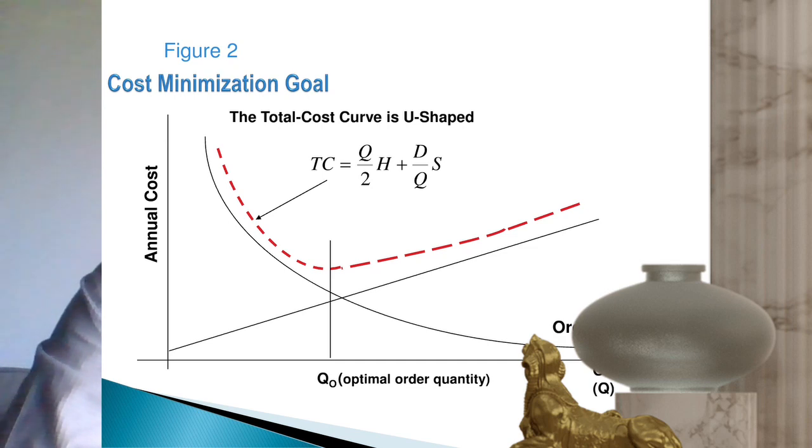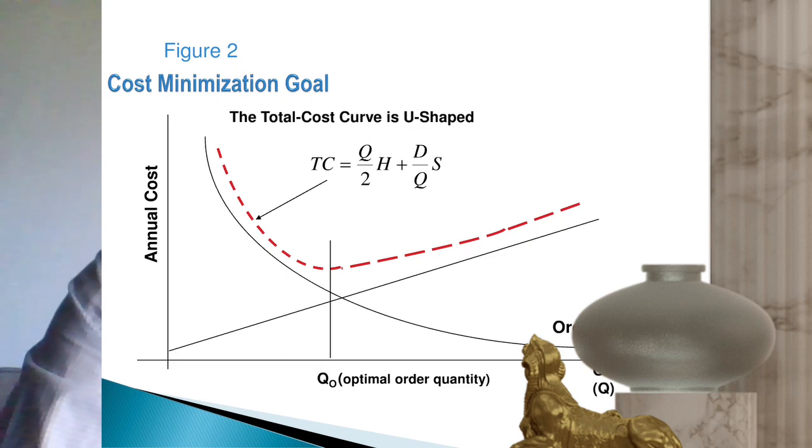That means the cost of ordering will be high. When the quantity is high, ordering will be less because you are ordering only one time. Suppose your order size is big, so you don't need multiple orders, which means ordering cost will be low. So ordering cost reduces as you increase the order size.